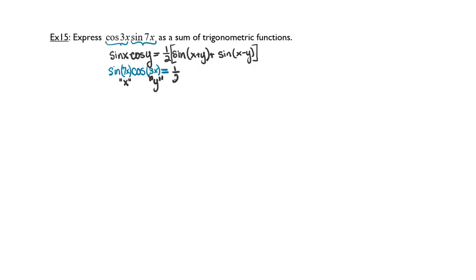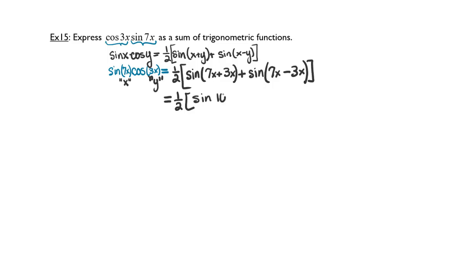And now I can just replace everything as if it's a formula. So I have 1/2 the quantity sine of x, which is 7x, plus 3x, which is the y, plus sine of the quantity x, which is 7x, minus y, which is 3x. And now I just simplify further. I still have the 1/2 out front. Sine of 7x plus 3x is sine of 10x.